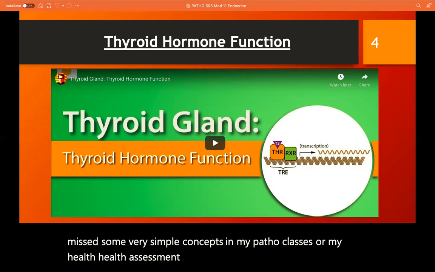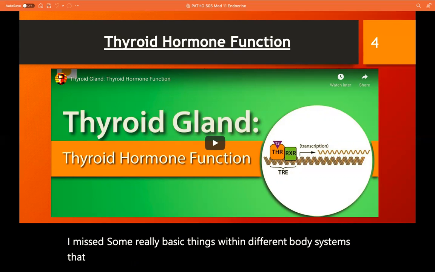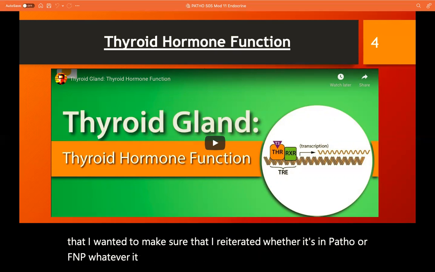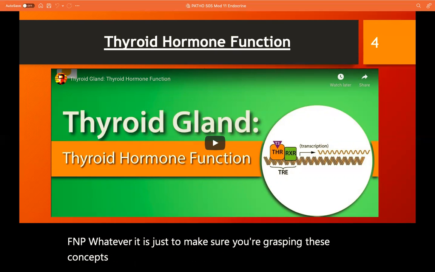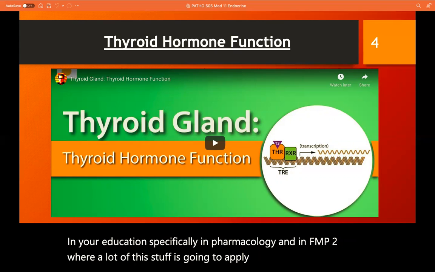There were a few classes where I missed some really basic things within different body systems that I wanted to make sure I reiterated, whether it's in patho or FNP, whatever it is, just to make sure you're grasping these concepts so that they apply to your other classes as you go forward in your education, specifically in pharmacology and in FNP2, where a lot of this stuff is going to apply clinically, not only in FNP2, but in your actual clinical practice.